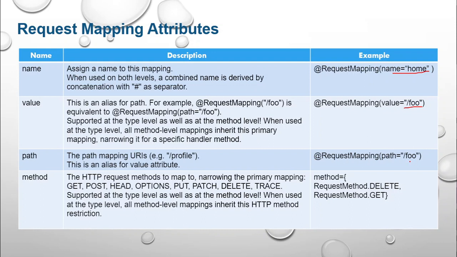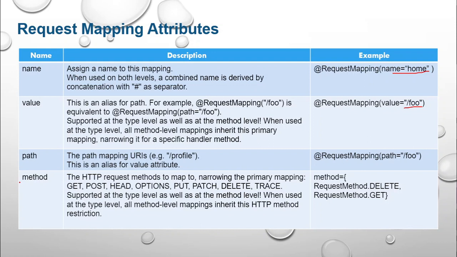It only defines the path for that handler mapping. Now coming to the method. This is more important in a request mapping annotation. In the earlier video, we discussed different types of handler mappings, that is get mapping, post mapping, and all.